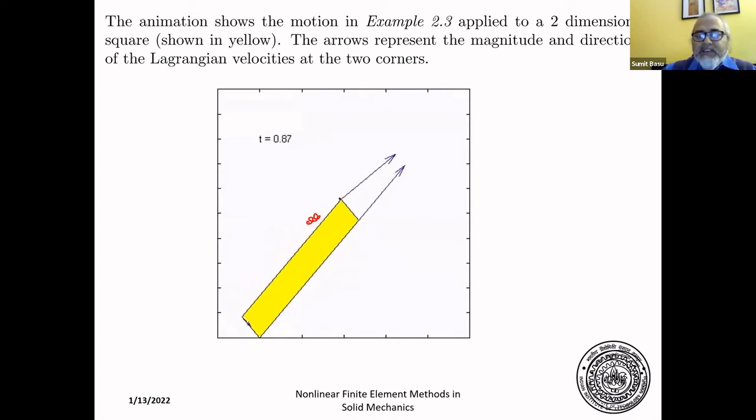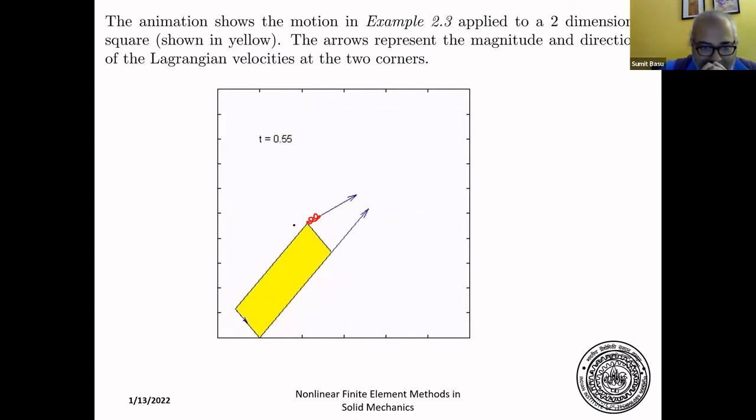In one case, I am asking that this point was initially at 1, 1, 0. So I am asking the point that was initially at 1, 1, 0, what is its velocity at 0.5 seconds? That is my material question.